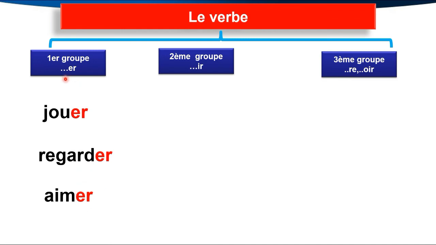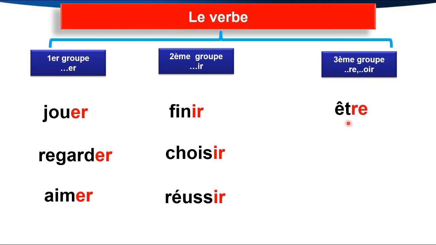It means when I try to conjugate the verb to use it, I will respect some steps, all the same for all the verbs. The deuxième groupe is régulier because the ending is the same: finir, choisir, réussir, meaning to finish, to choose, to succeed. The troisième groupe is a problem because the ending is different.